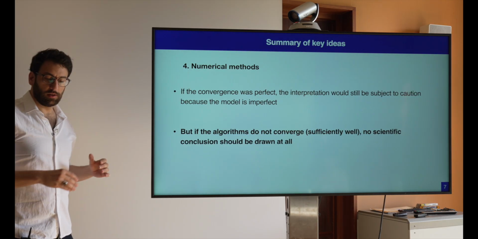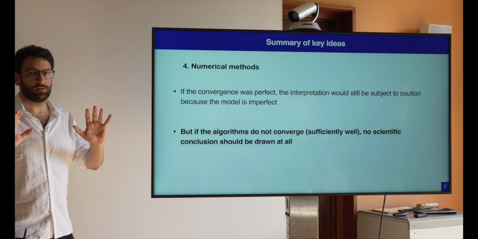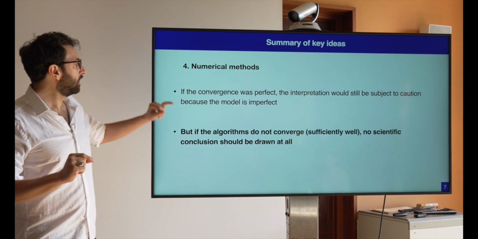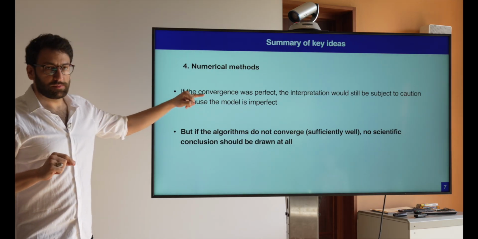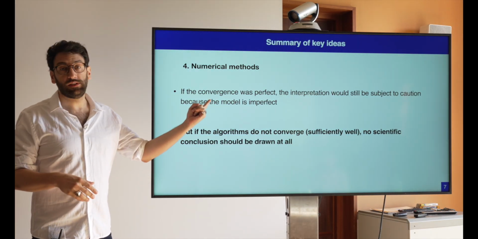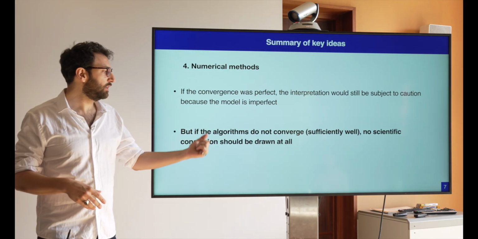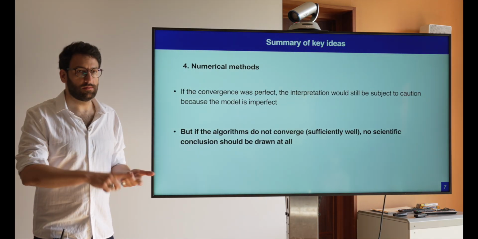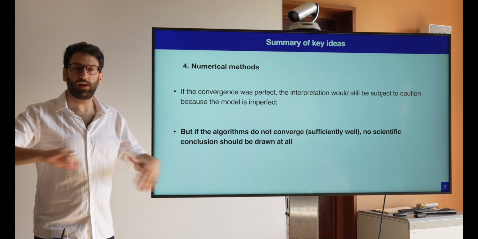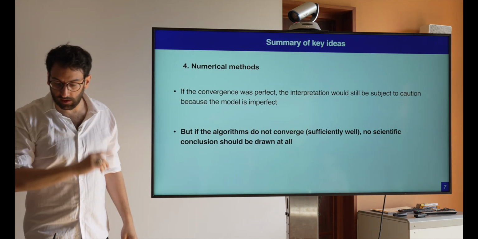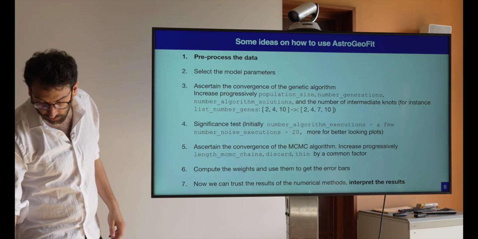Numerical methods, this is really a super important idea. If the convergence was perfect, if we had perfect numerical algorithms, it would already be difficult to interpret the data. If the algorithms don't converge, if your MCMC algorithm stopped too early, if your genetic algorithm didn't find the correct solution, then you have no conclusion at all.